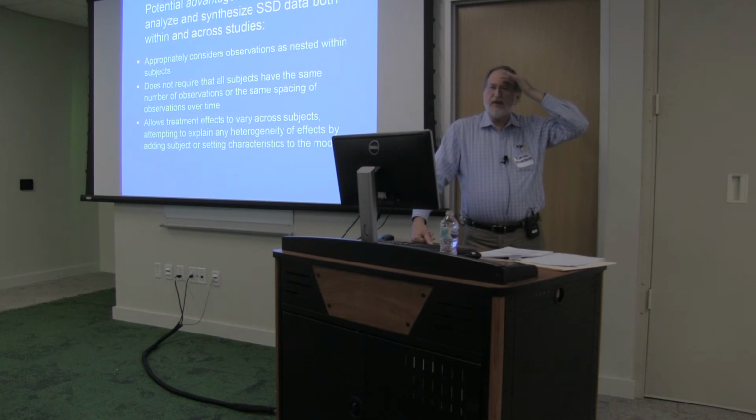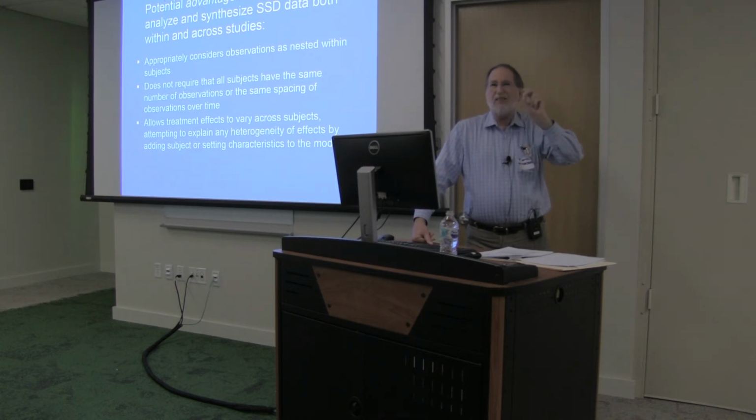If you saw that I emphasized the word pattern, I didn't say anything about how many times each person was measured or what the exact timing was of that. So it means different people can have different numbers of observations or same or different spacing of the observations over time.